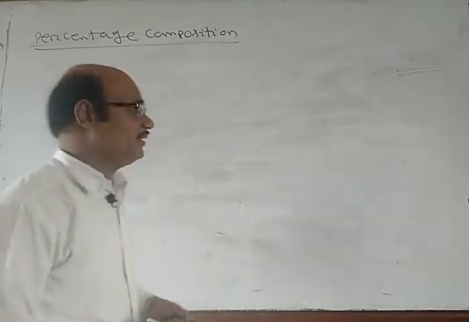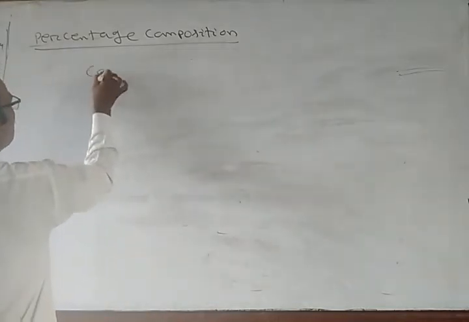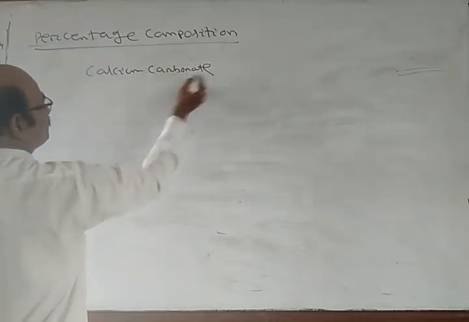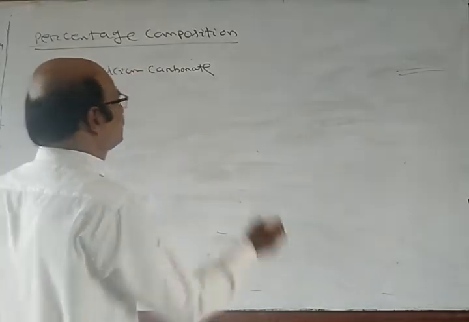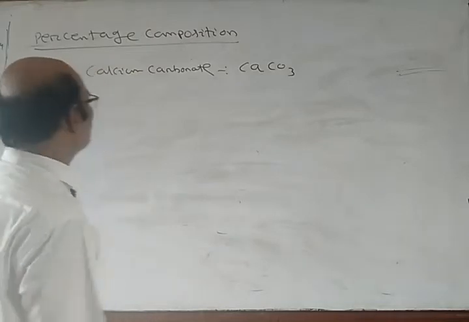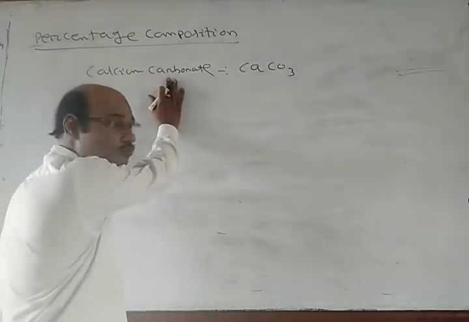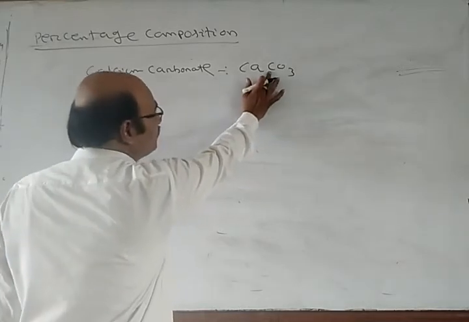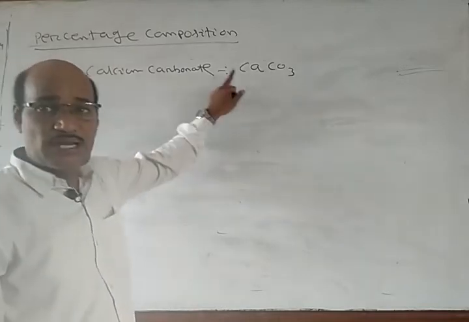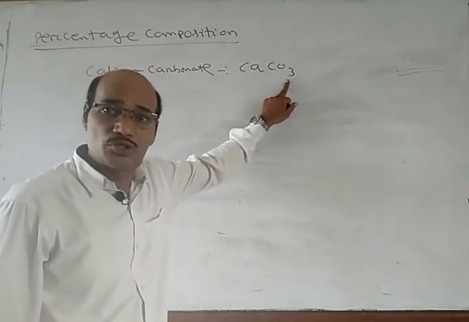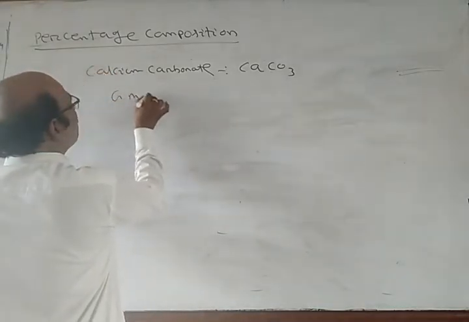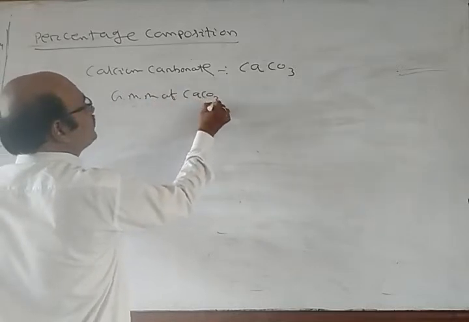First of all, suppose calcium carbonate. Calcium carbonate is what? CaCO3, right? So calcium carbonate is composed of calcium, carbon and oxygen. Now here you see the gram molecular mass of calcium carbonate equal what?